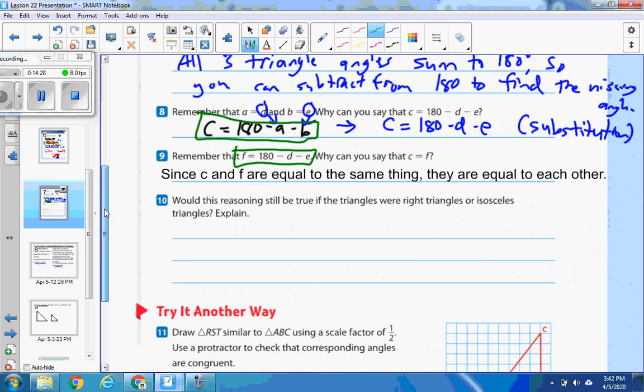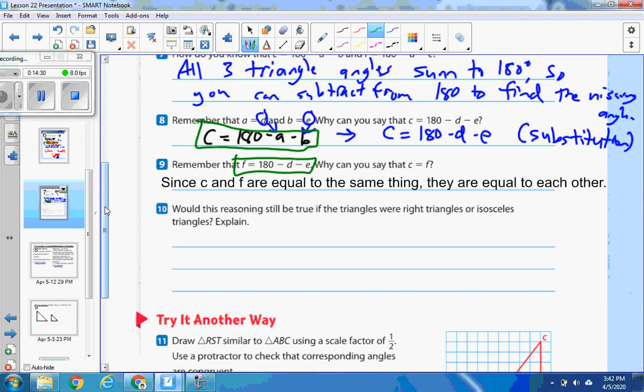All right, finally, would this reasoning still be true if the triangles were right triangles or isosceles triangles? And the reason I want to explain there is yes, and it's because it doesn't matter. We know that these are true for every triangle.